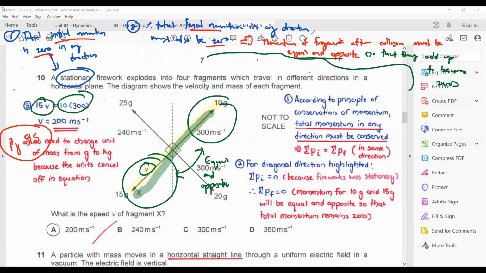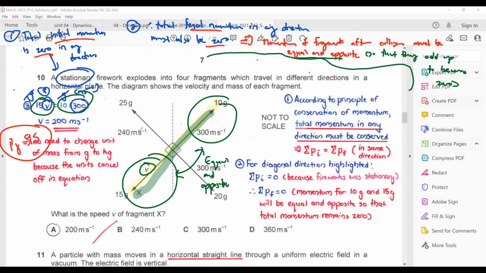Okay, you don't really need to bother changing the mass from gram to kg, because if this is gram, and this one is gram, the units will actually cancel each other off. So whatever unit you have here for velocity will follow the unit that you have here, which is just going to be meter per second.